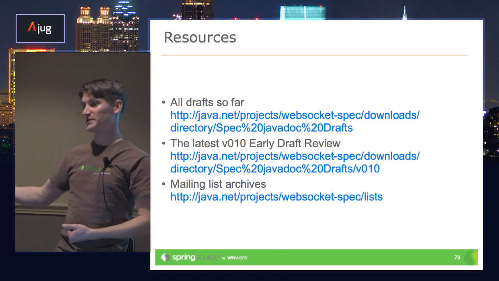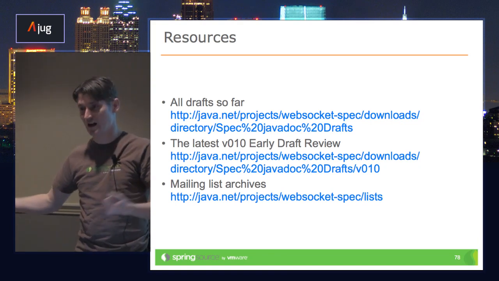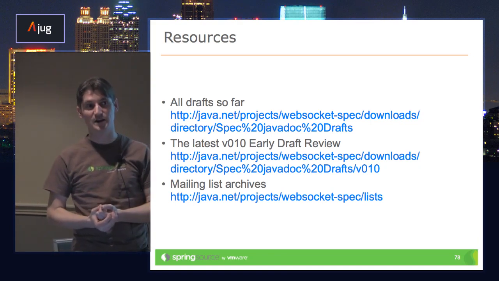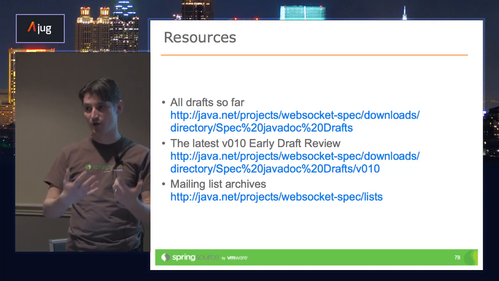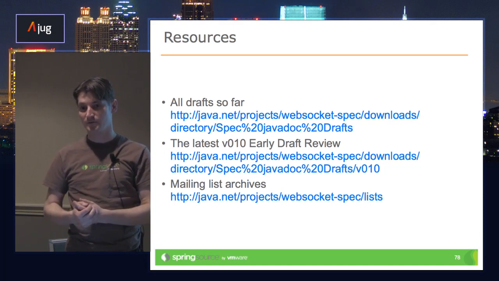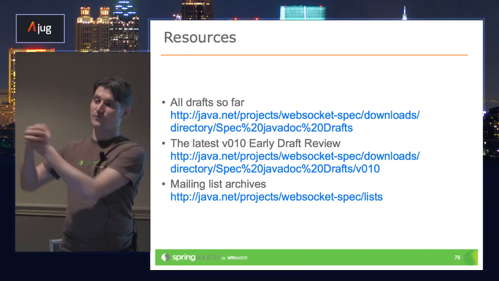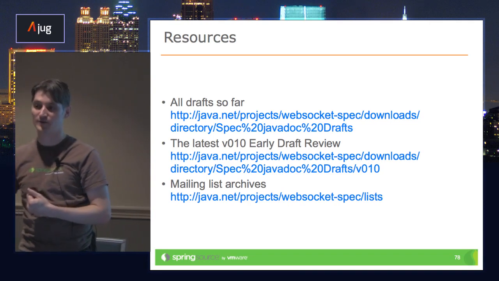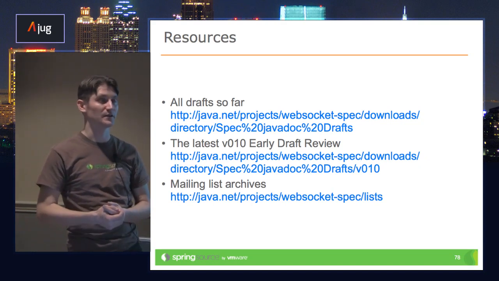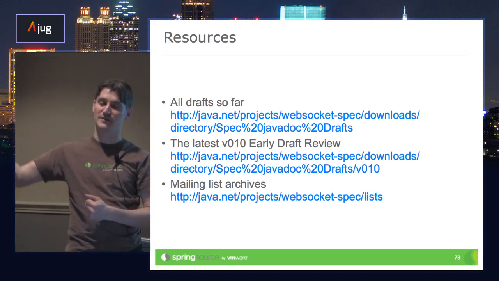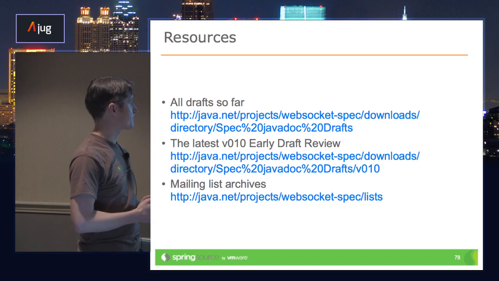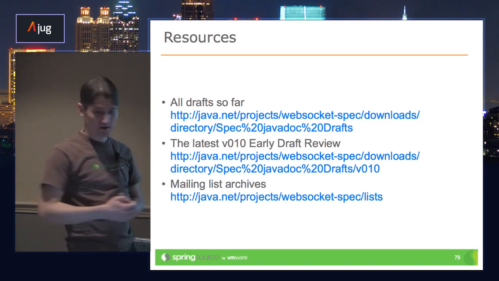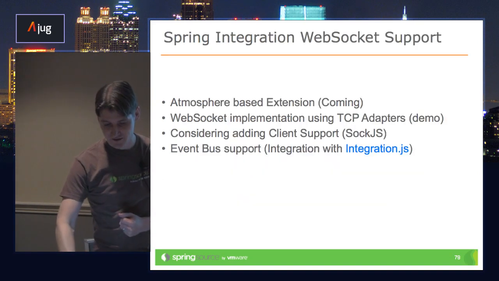If I would do a presentation in a few months, I would probably provide more details on the Java world, but it's coming. And you will also see Spring support for the JSR itself in the next version of Spring. We just released 3.2, so the next version. But it's in flux.